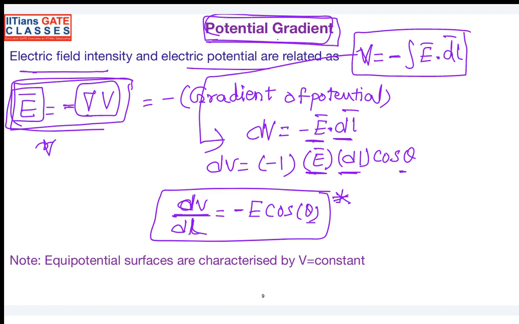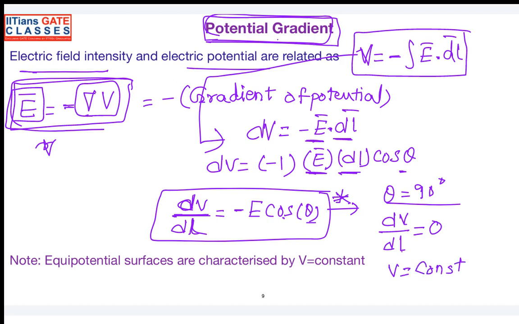Now, what will happen when you try to move perpendicular to the electric field? When theta is equal to 90 degrees, what are you going to get? Cos 90 will be 0, which results in dV by dL equal to 0. That means there is no change of potential with respect to distance, so the potential has to be constant.